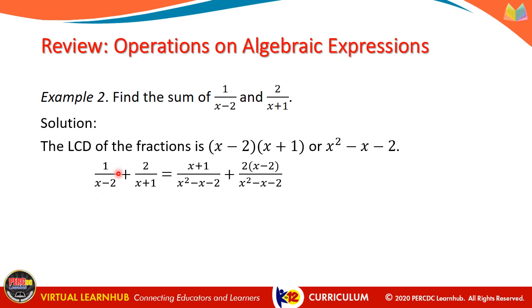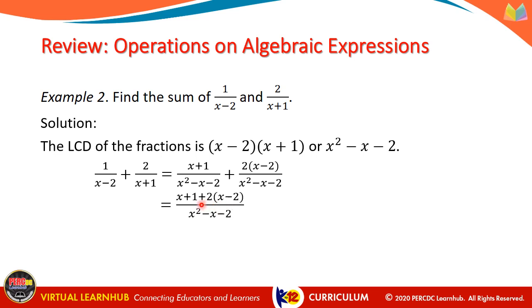We can write 1 over x minus 2 plus 2 over x plus 1 to be equal to x plus 1 over x squared minus x minus 2 plus 2 times x minus 2 over x squared minus x minus 2. 1 over x minus 2 is equal to x plus 1 over x squared minus x minus 2, and 2 over x plus 1 is equal to 2 times x minus 2 over x squared minus x minus 2.